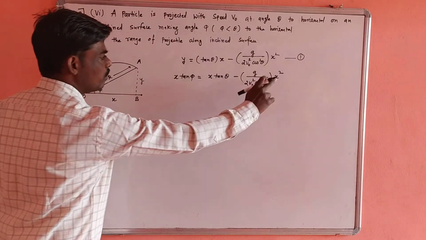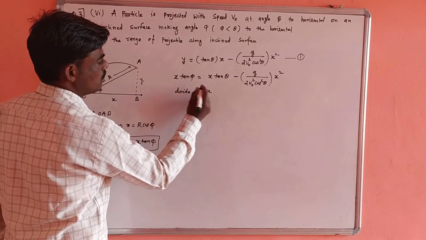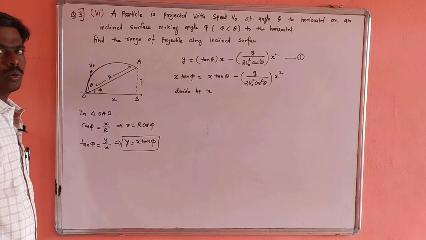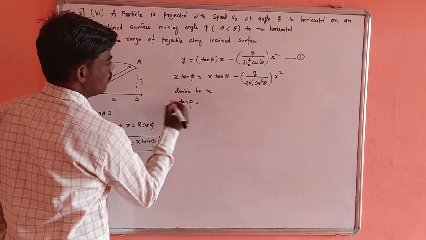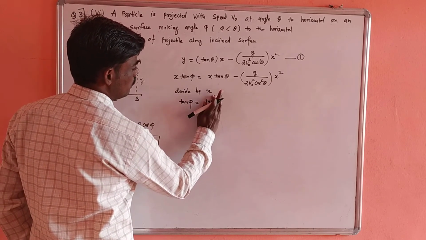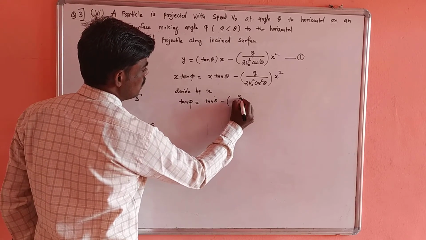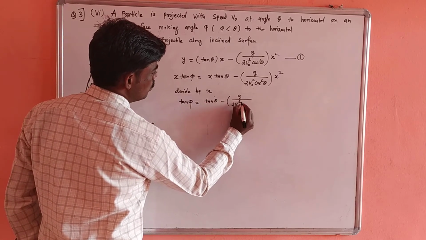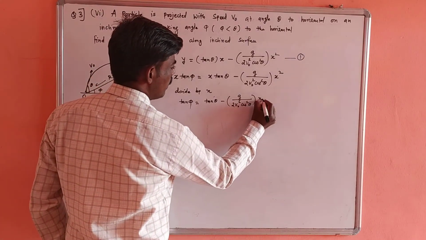We can divide by x as x is a common term, so we get tan phi is equal to tan theta minus g upon 2v0 square cos square theta x.